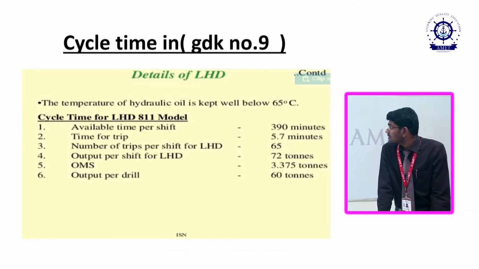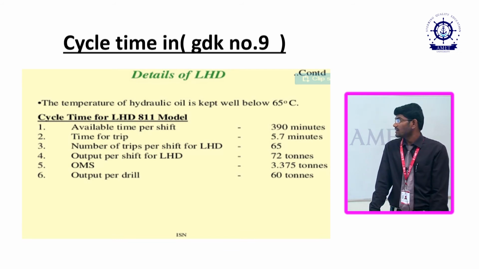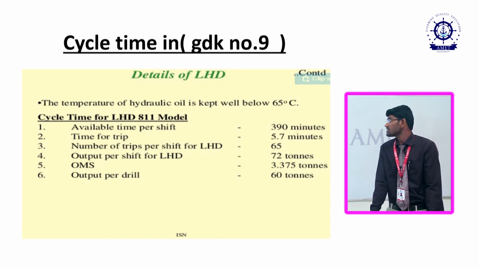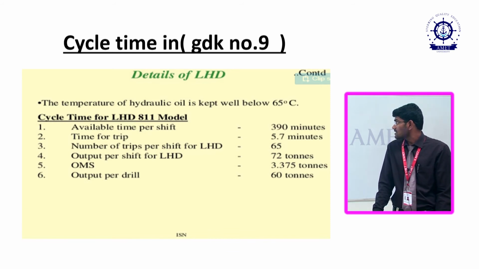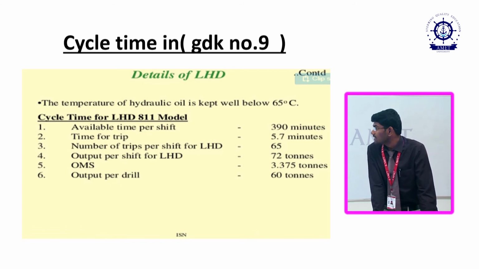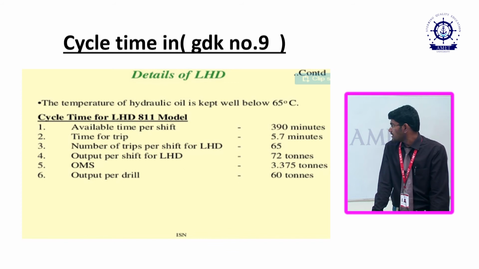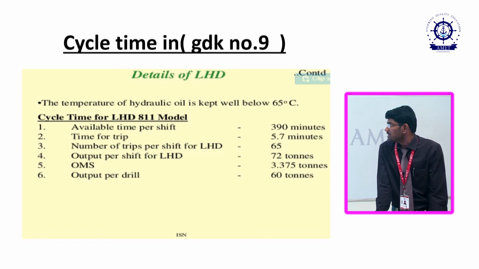For example, taking one mine, we observed different details of cyclic time. One of the models of LHD is the 811 model. In this LHD, the available time per shift is nearly 6 hours. Time taken for one trip for LHD is near 6 minutes.